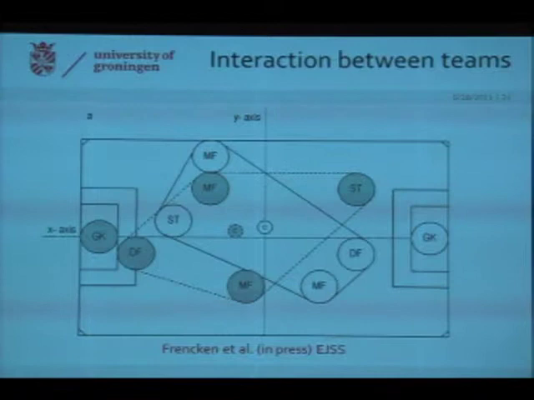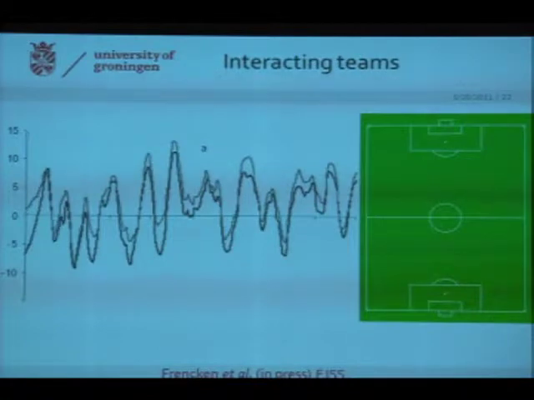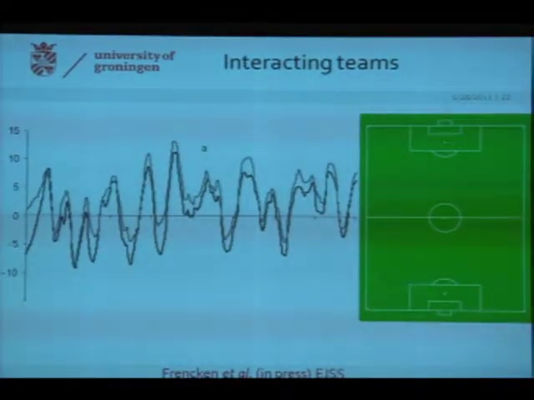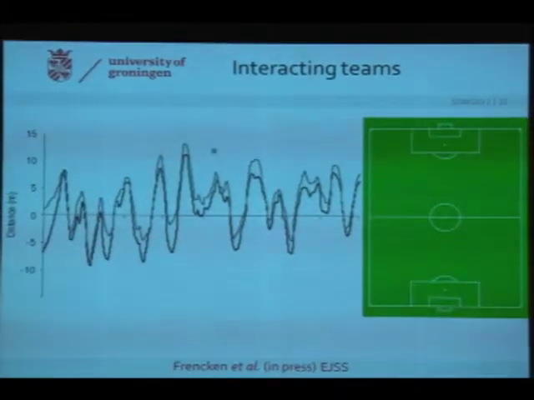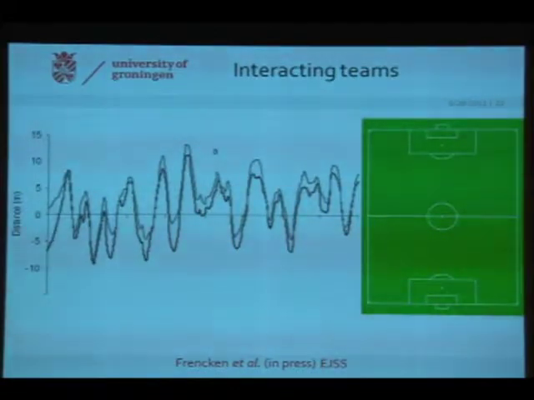When you combine the positions of the centroids, you get to see the rhythmic flow of attacking and defending. And that's what I've depicted here. Here you see the two centroids moving in the longitudinal direction of the field. And you see they are quite nicely coupled, or correlated, actually.